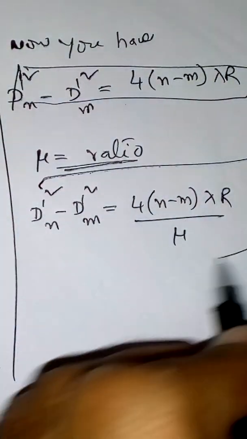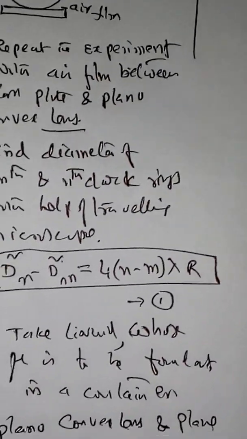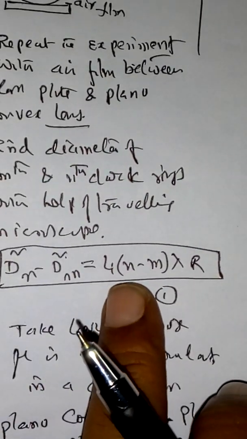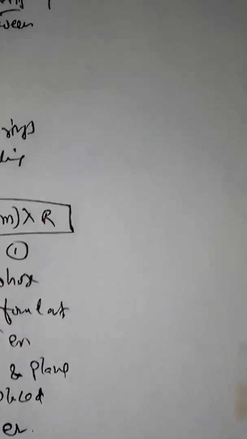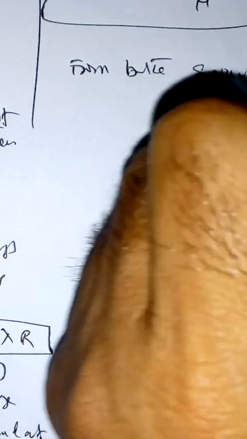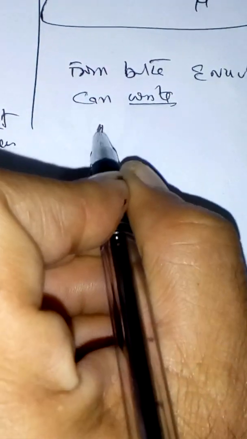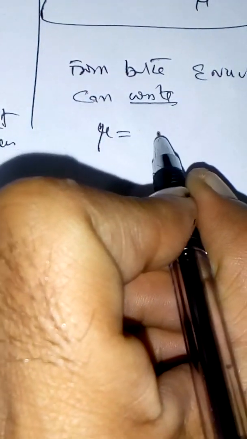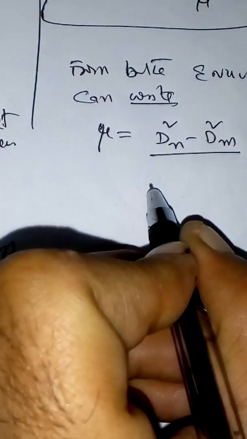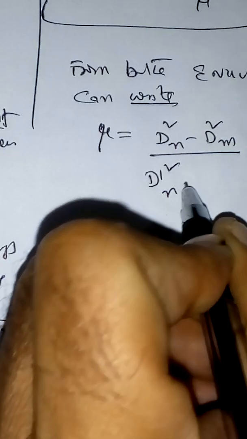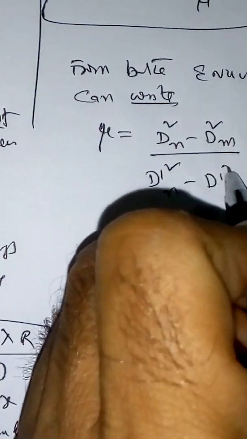Now from this equation and this equation, you can write mu is equal to d square n minus d square m divided by d dash square n minus d dash square m.